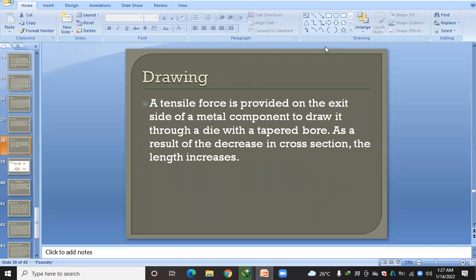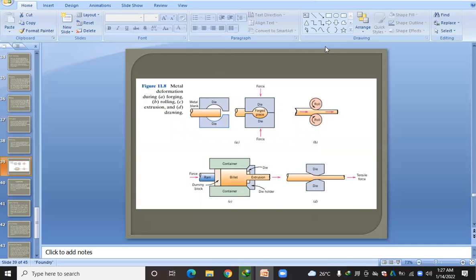Tensile force is provided on the exit side of the metal component to draw it through a die with a tapered bore, and as a result of decreased cross-section, the length increases. So ito ang mga pamaagi niya, guys. Ang metal deformation: forging, then rolling, then extrusion, and drawing.